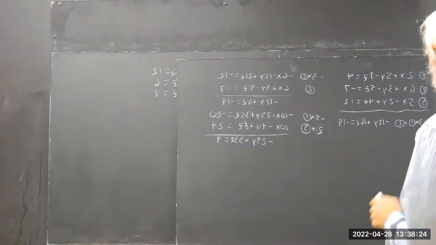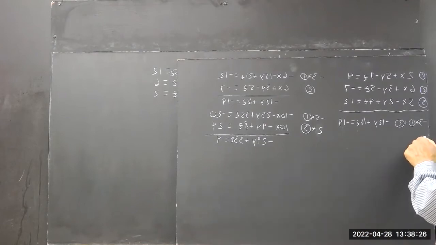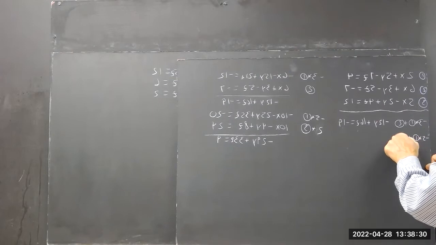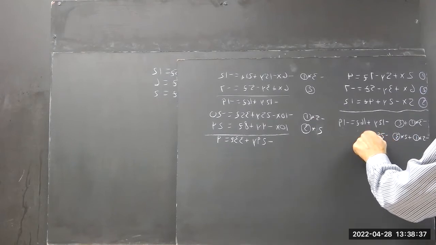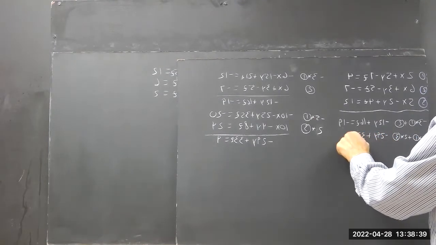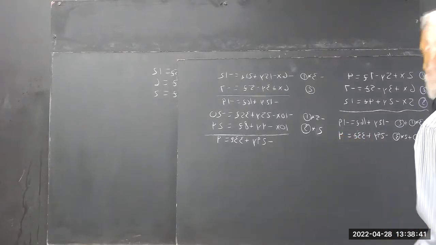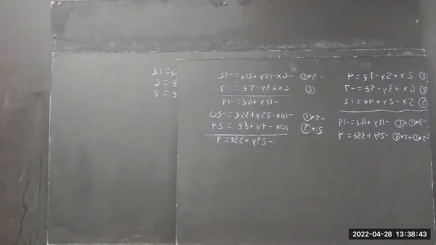And I get negative 5 times equation 1 plus 2 times equation 3, which is negative 29y plus 33z equals 4. Okay.